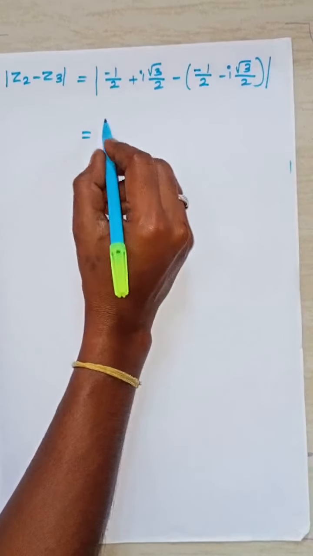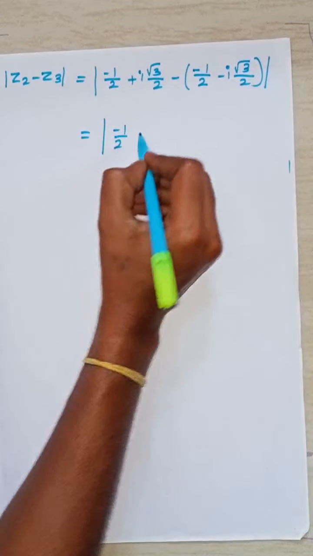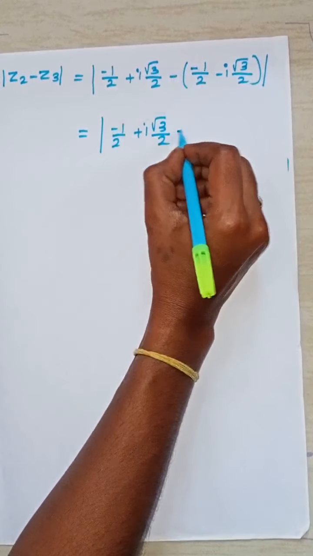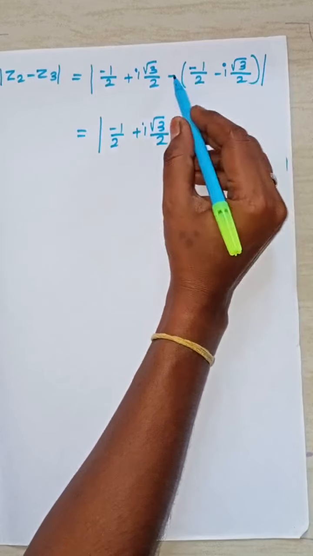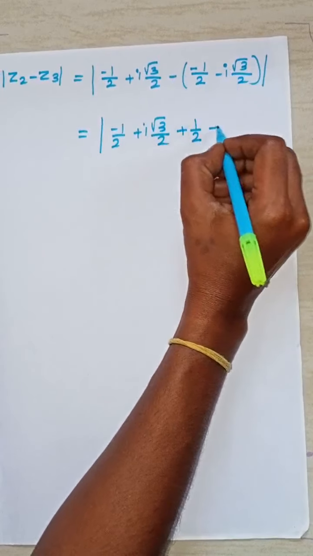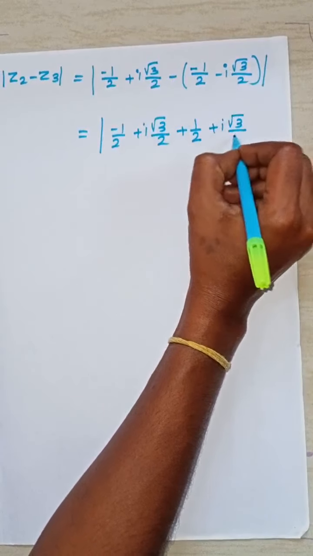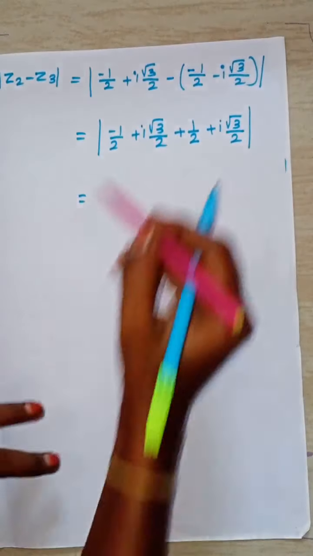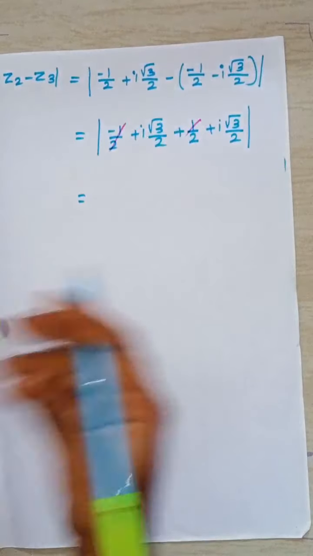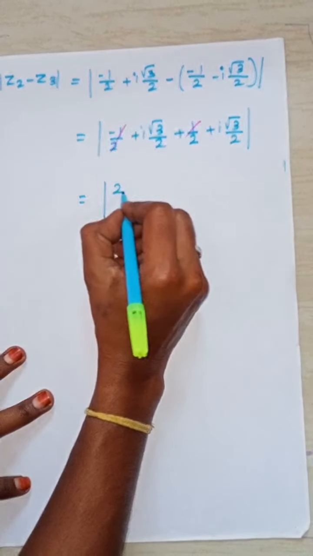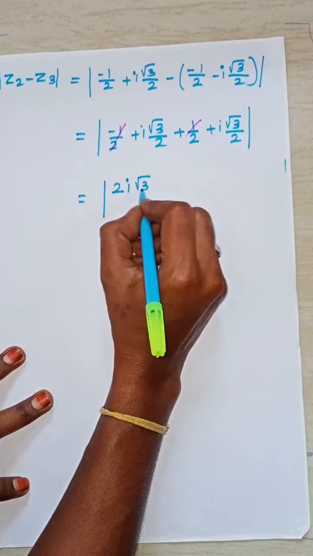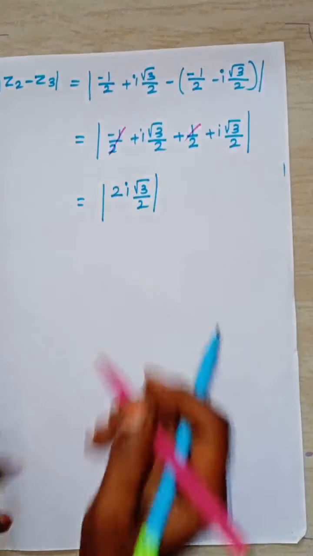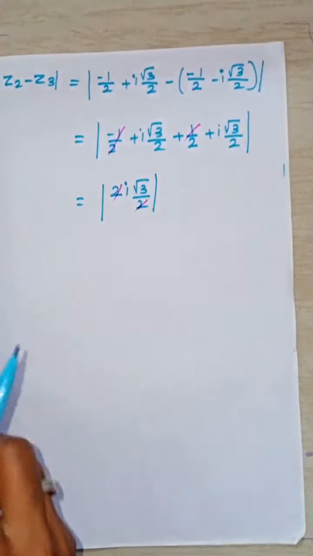So it is equal to minus 1 by 2 plus i root 3 by 2, minus into minus plus 1 by 2, minus into minus plus i root 3 by 2. Plus 1 by 2 minus 1 by 2 get cancelled. Finally we got 2i into root 3 by 2, 2 times i root 3 by 2. Am I right? So cancel the 2.